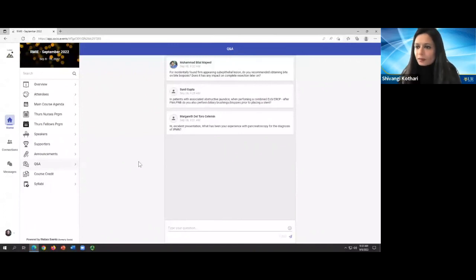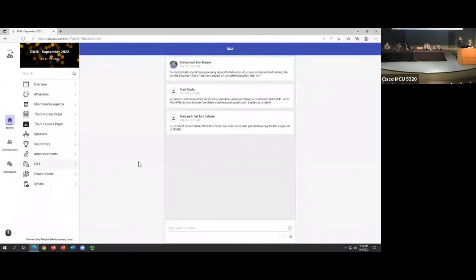Thank you. What about the rest of the panel? Yeah, I agree. We don't usually use it just for diagnostic, but as mentioned, for planning. For main duct IPMN, the entire duct can be dilated no matter where the lesion is, because mucin fills the entire duct. So if a surgeon wants to resect it, they need to know where the IPMN is located within the duct.